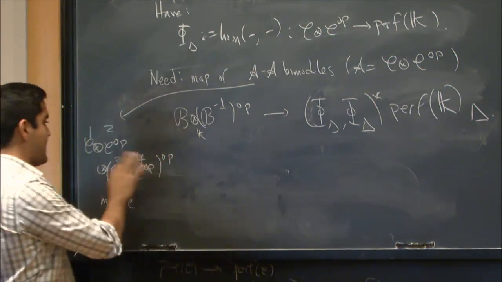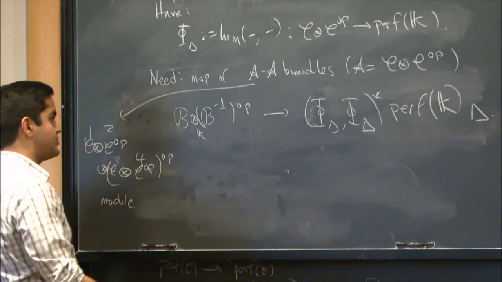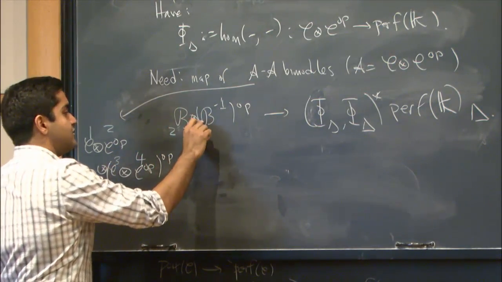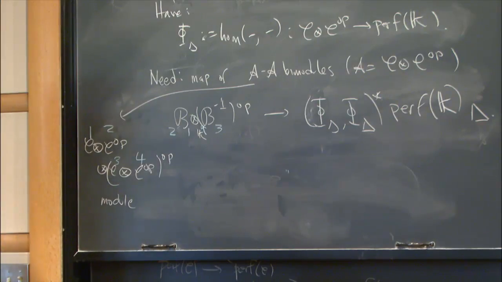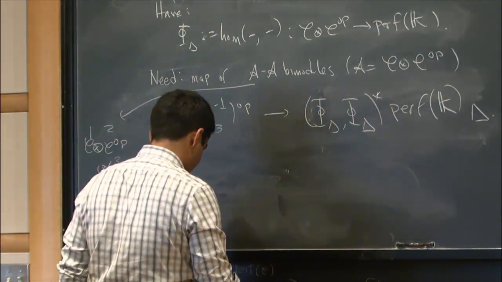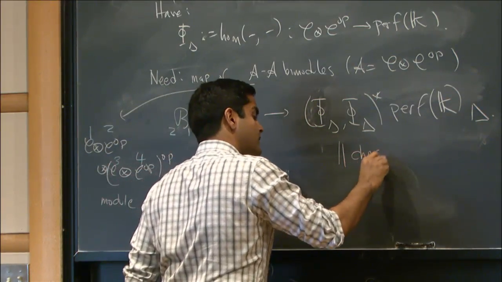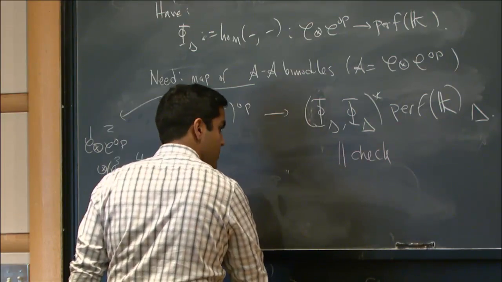And how do these algebras or categories act on this tensor product of bimodules? I think the action is something like this: 2, 1, 4, 3. Left, right, left, right. Now, what is this funny-looking bimodule? You can actually just compute, check that it's the following.